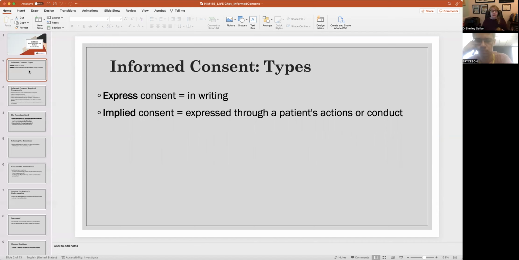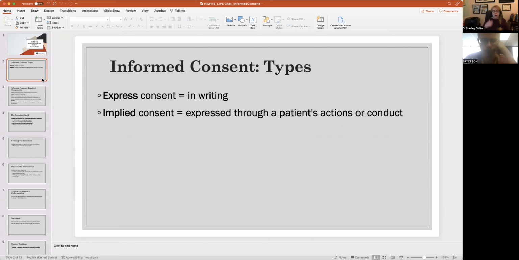Implied consent is consent based on the patient's actions or conduct. So you may remember the first time you go to a physician, you will sign a consent to treat form, or, you know, again, it's part of the new patient package, and that is express consent that you're permitting this physician to treat you. But in later visits, they don't ask you that every single time. So therefore we go by implied consent.